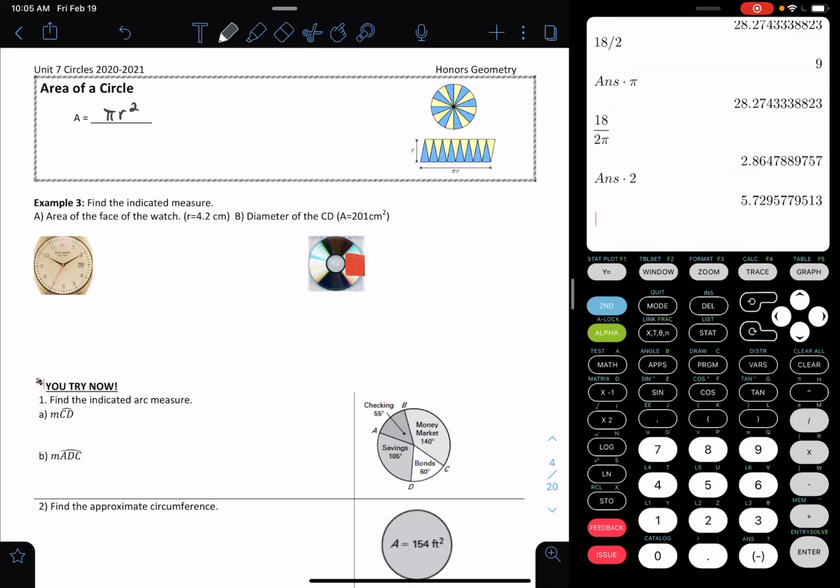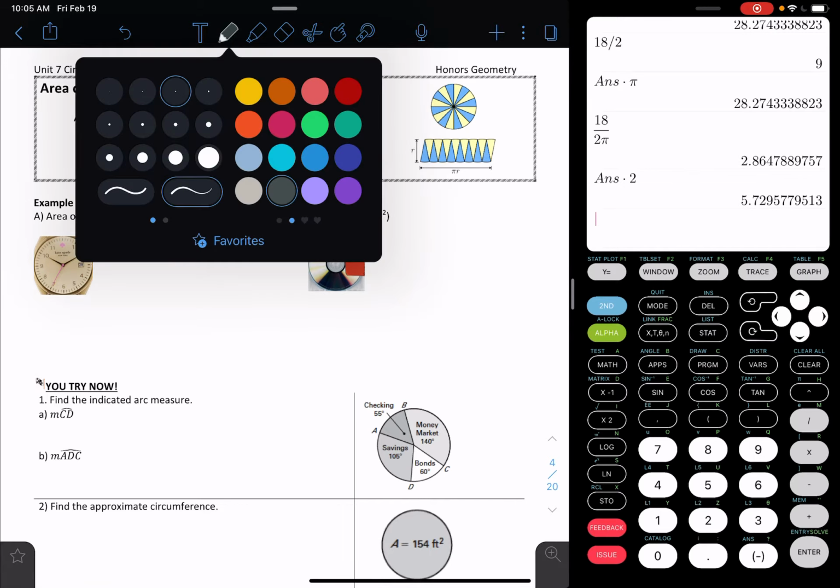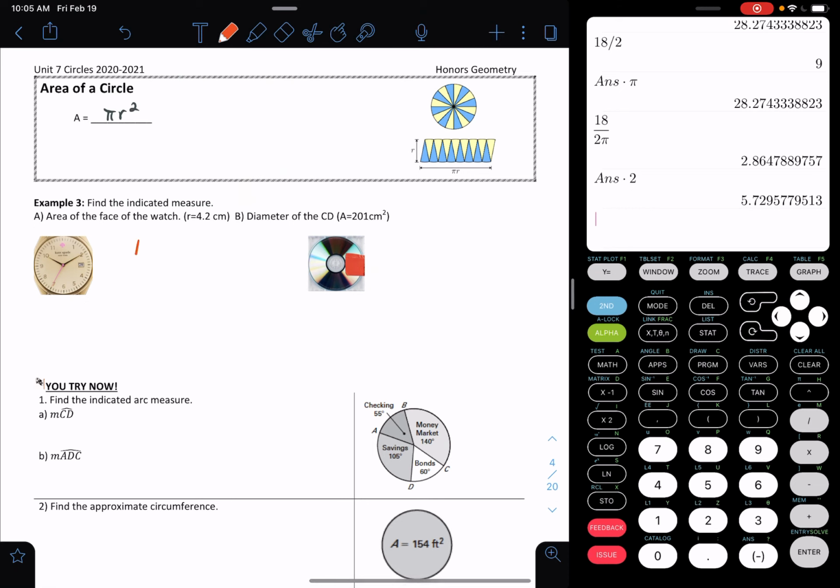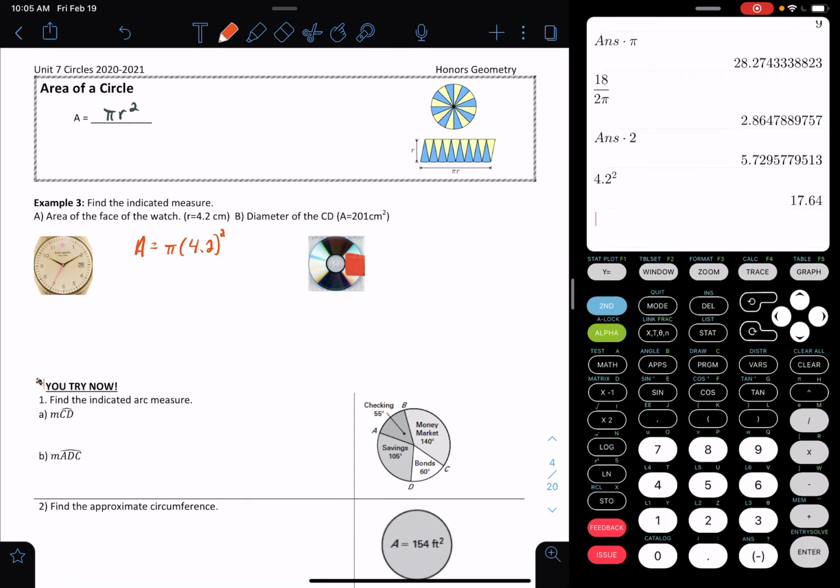So find the indicated measure. Find the area of the face of the watch if the radius is 4.2. So here we've got the radius, so I can just plug it straight in. Area equals pi times 4.2 squared. If I wanted an exact answer, I would get 17.64 pi centimeters squared.